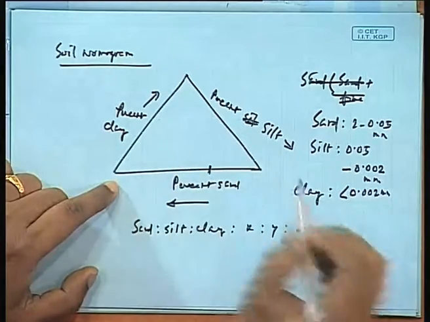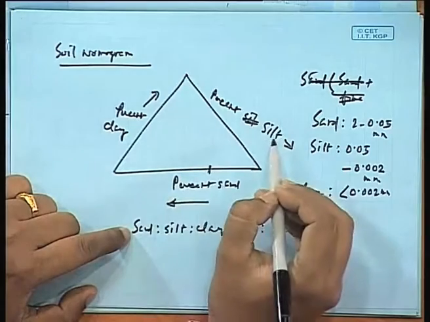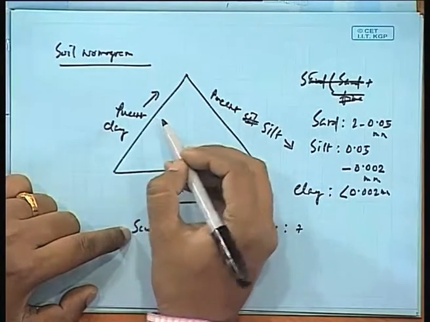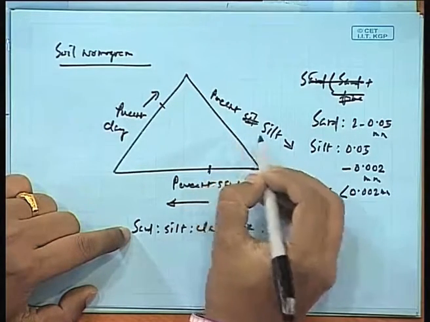You find percent sand is this, you find clay to be somewhere here, and silt to be somewhere like this.